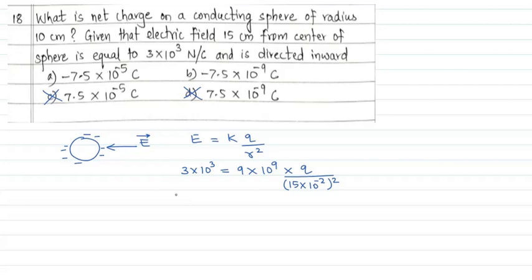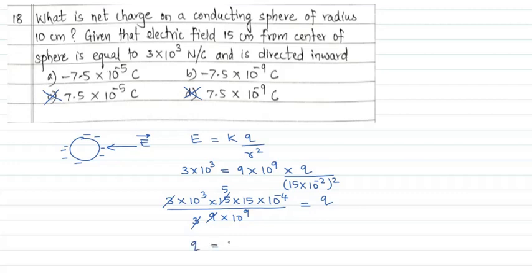Now if I simplify this, I will be having 3 into 10 raised to 3, 15 square, I will write it as 15 into 15, 10 raised to minus 4. This divided by 9 into 10 raised to 9, I will take to the LHS. This will be equal to charge Q. So now simplify. 3 3s are 9, 3 5s are 15, so 15 5s are 75.